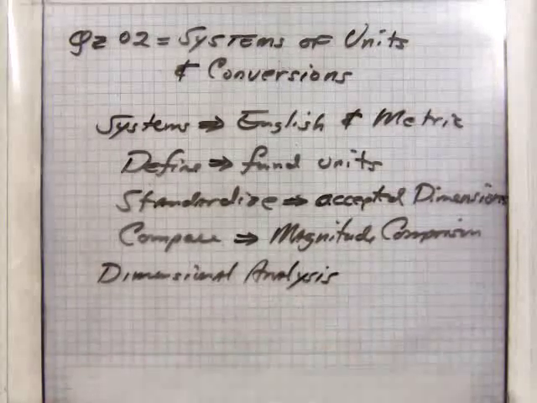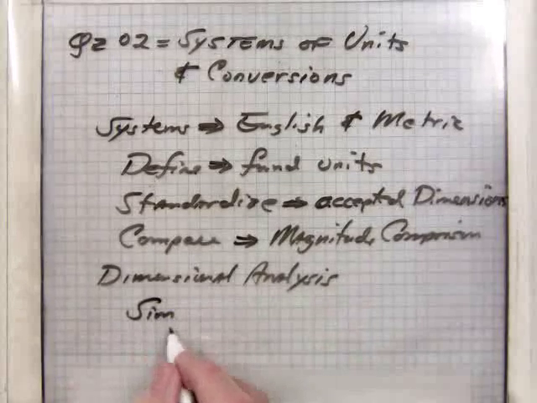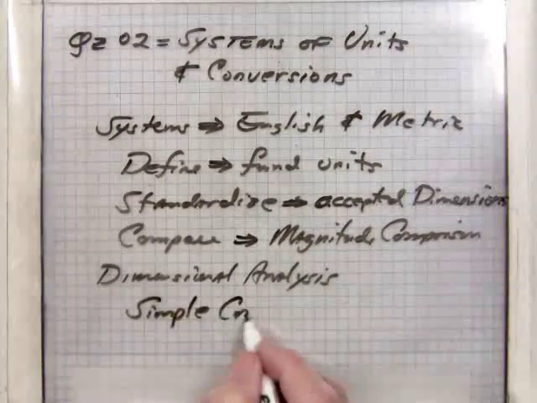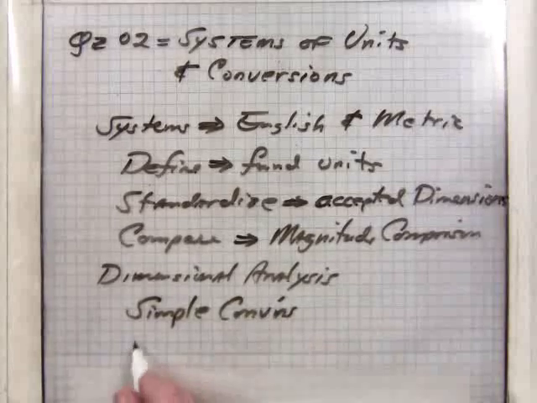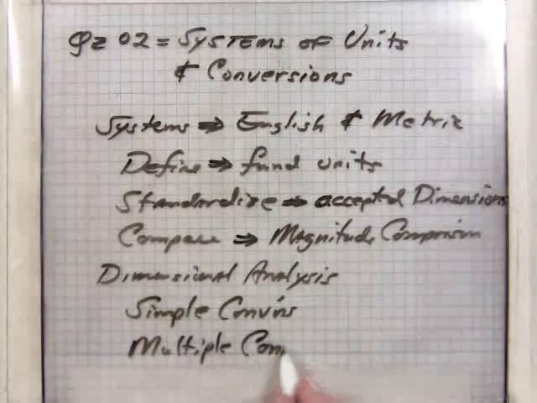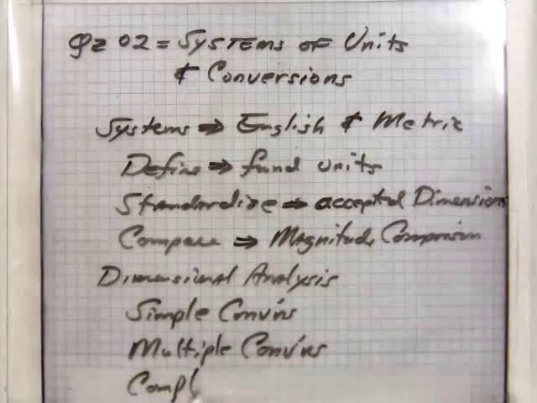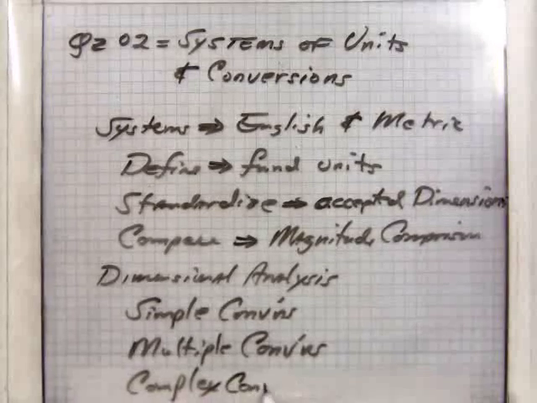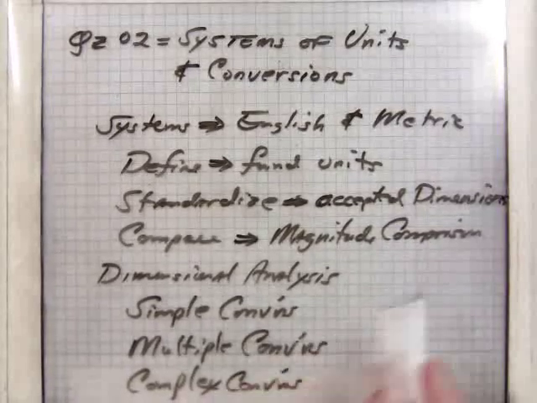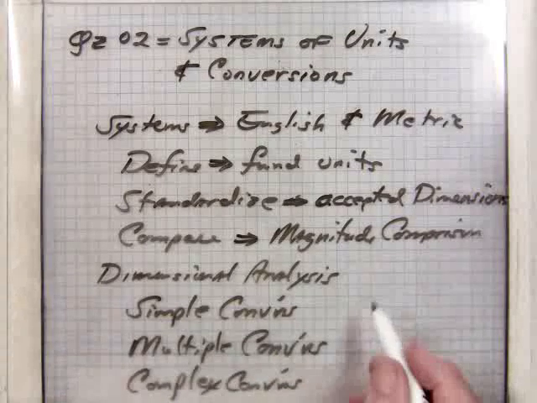And as you recall, I divided it into 3 classes: simple conversions, multiple conversions, and complex conversions. The simple conversions is unit to unit with no variations in it.